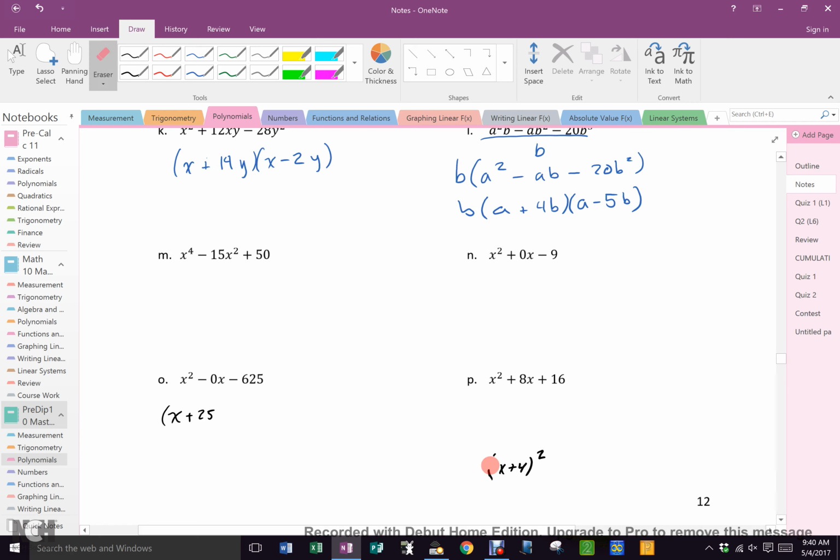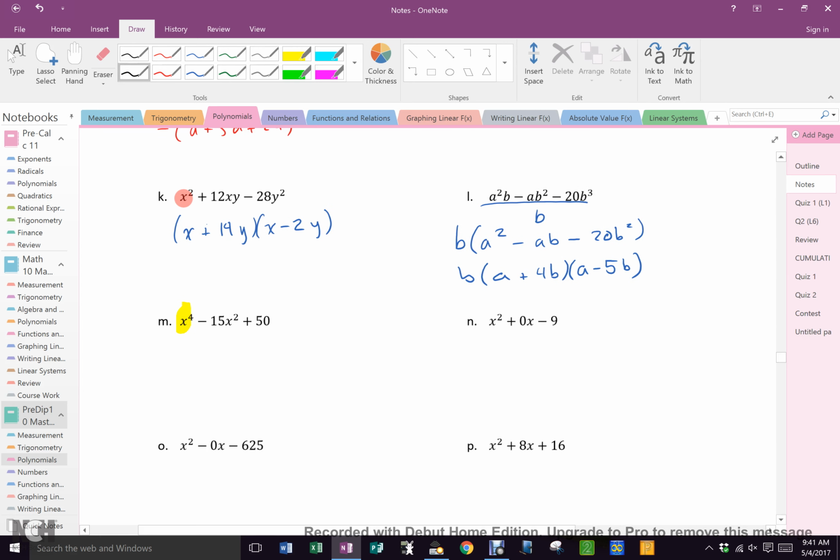Look at M and see if you can figure it out, because it looks different. Look at what you've already done and see if you can figure out what to do with x to the 4th. Look at the very question right above it.